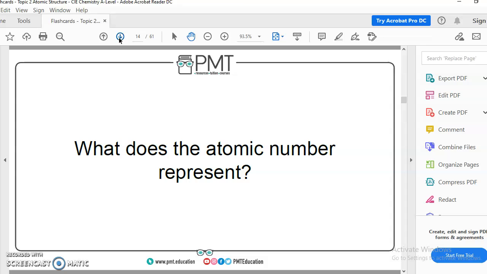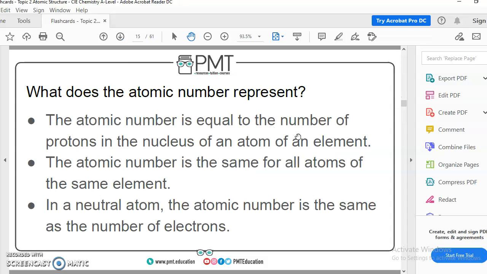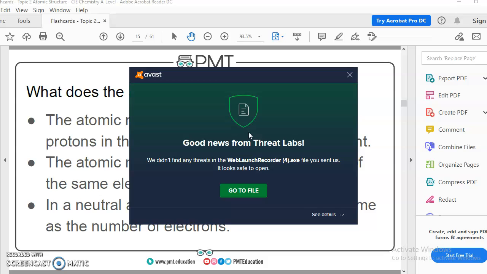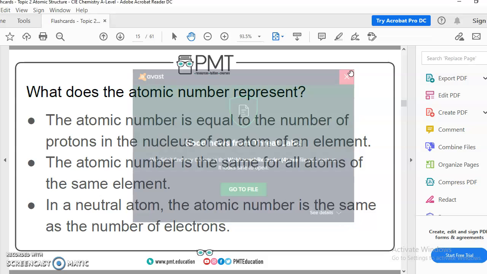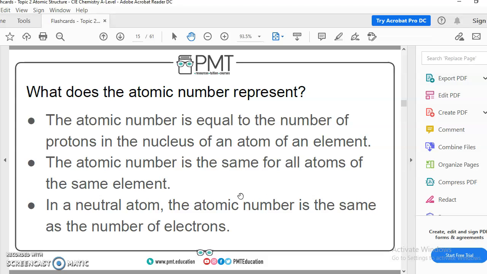Now the atomic number represents the total number of protons, because atomic number means proton number, and these protons are part of the nucleus. So the atomic number is definitely the same for each element.